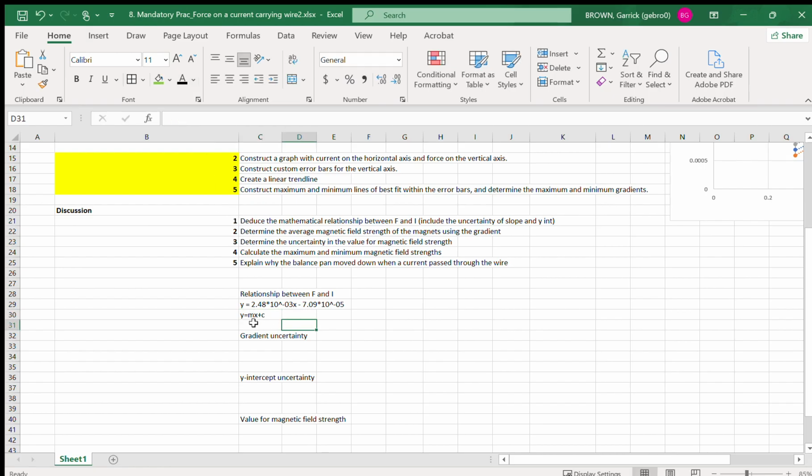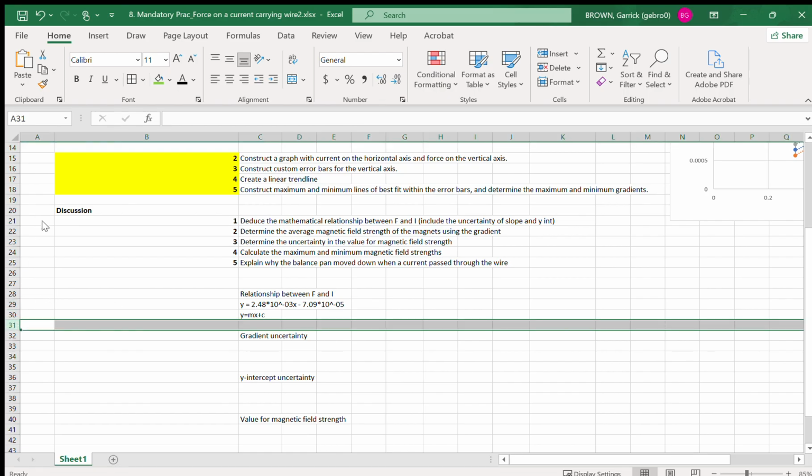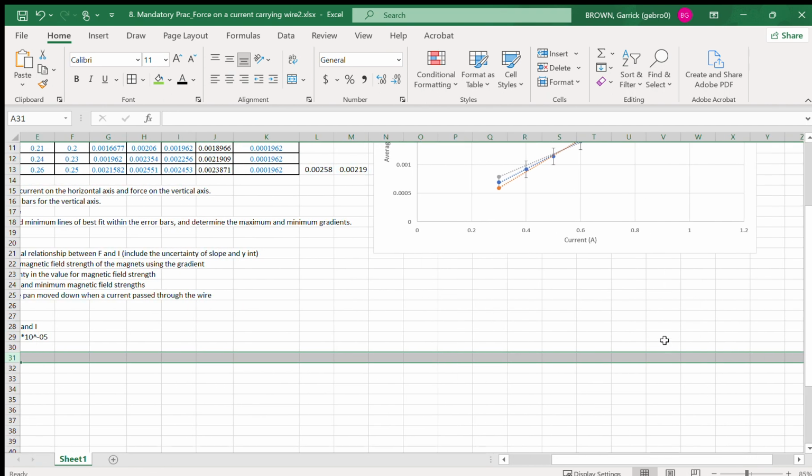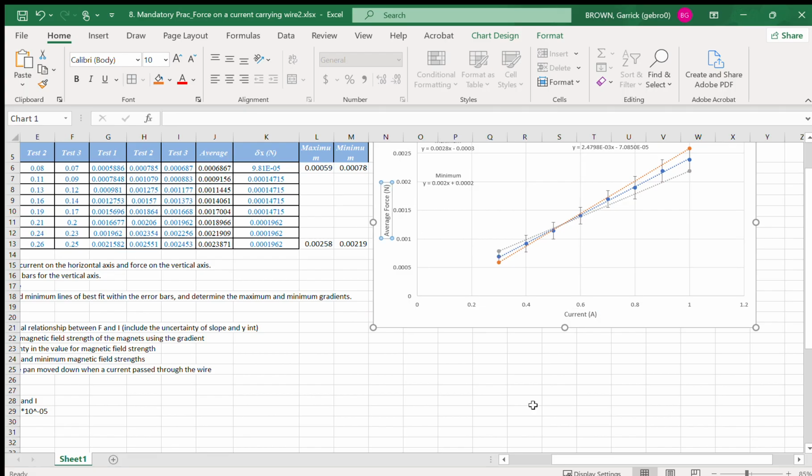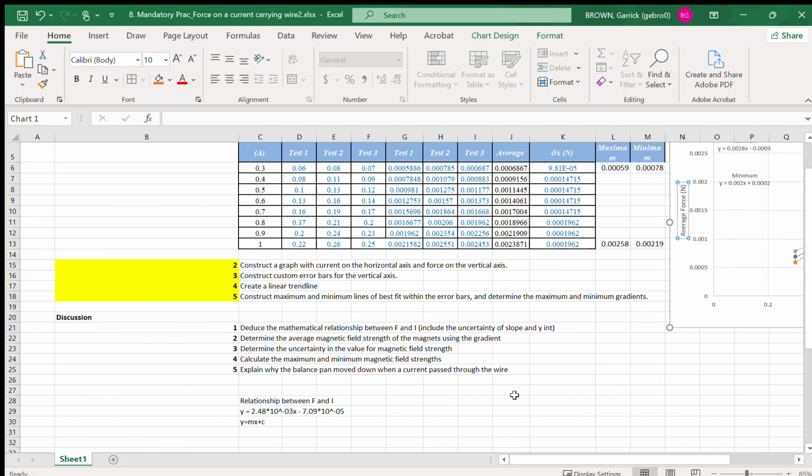Okay, our m is our 2.48 times 10 to the negative 3. Our x is x, and our c is negative 7.09 times 10 to the negative 5. Okay, and what we can do is relate that to, well, what are our x and our y? Our x is current, and our y is average force.